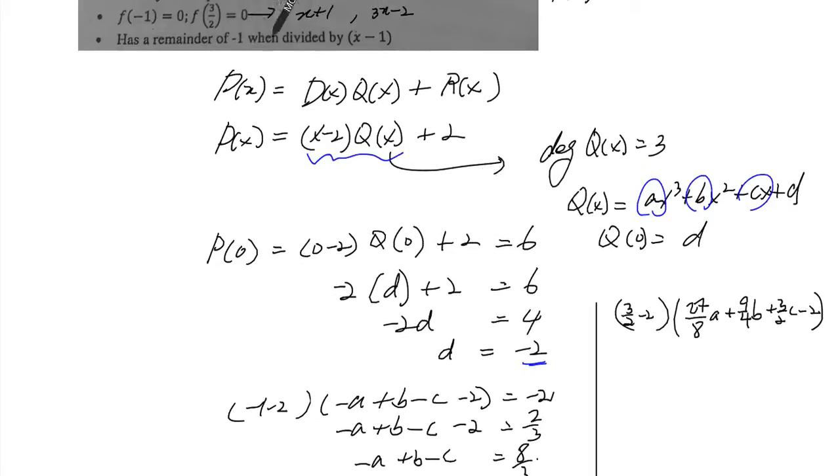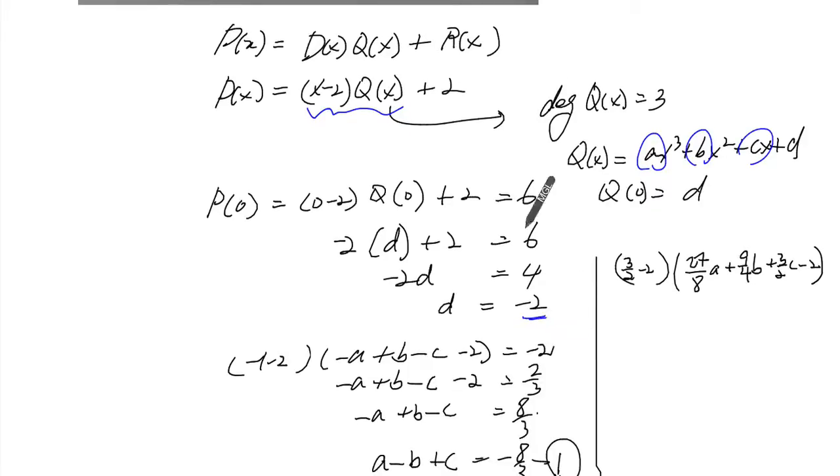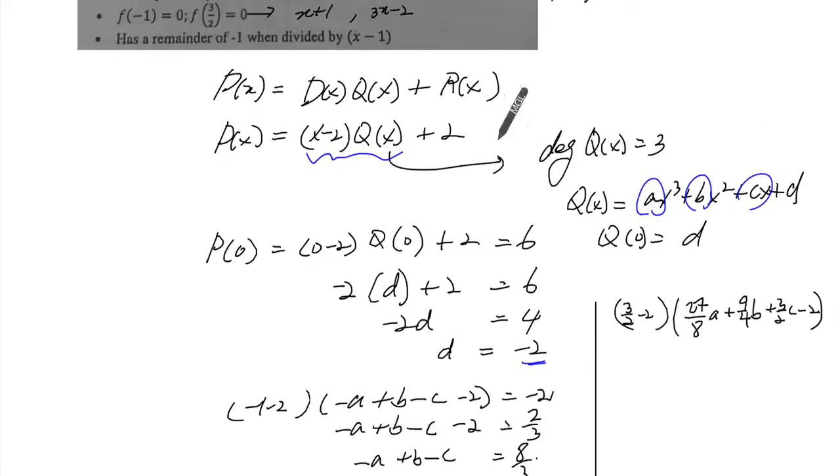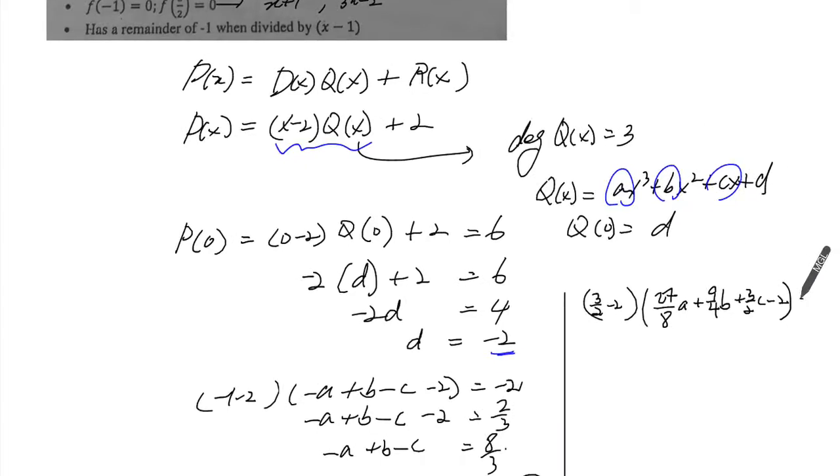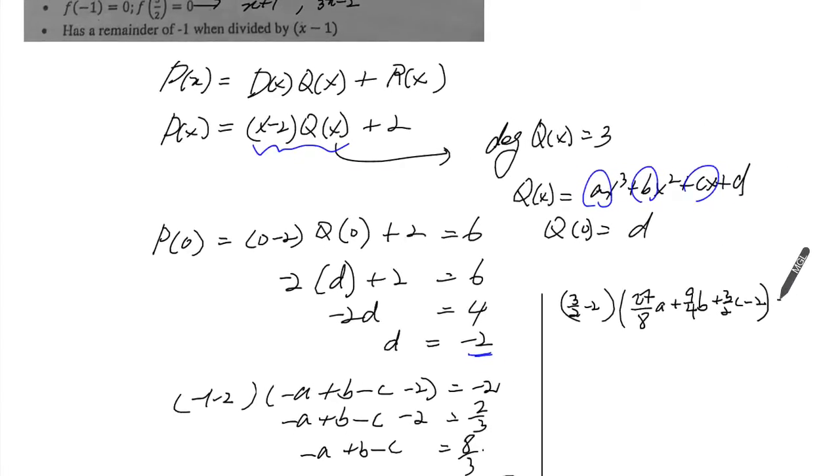This is going to have to equal also negative 2, so that it adds with 2 to give you 0. This is equal to negative 2. This is not as pretty. Okay, so this is 3 minus 4, that's negative 1 over 2.